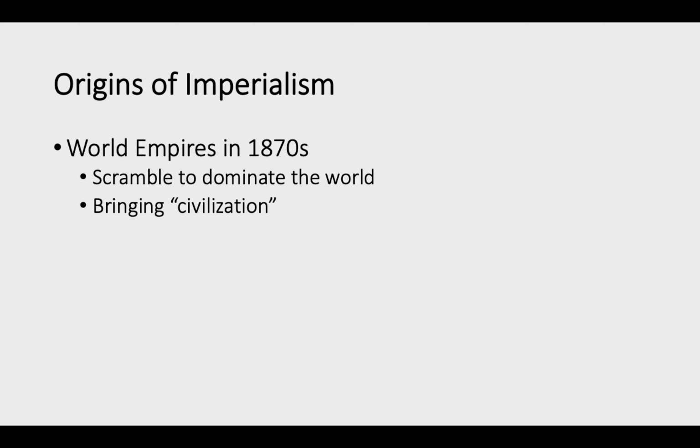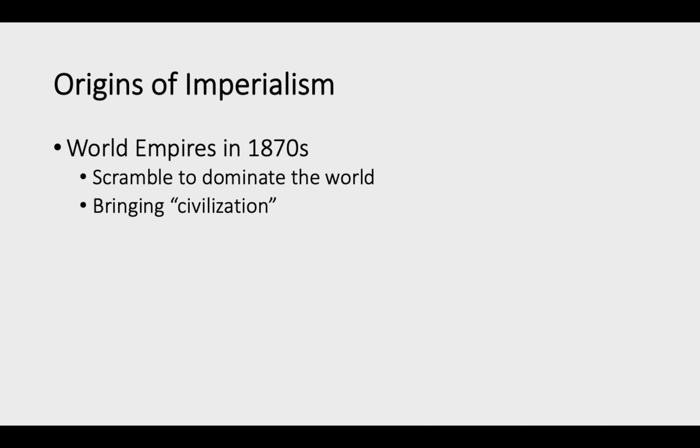So let's talk about the origins of world imperialism. 1875 to about 1900 is called the Age of Imperialism, where rival empires were carving up the world amongst themselves. For example, in Europe, Belgium, Great Britain, France, and Germany had colonies in Africa, but they were also now starting to expand into Asia, the Middle East, and the Pacific.